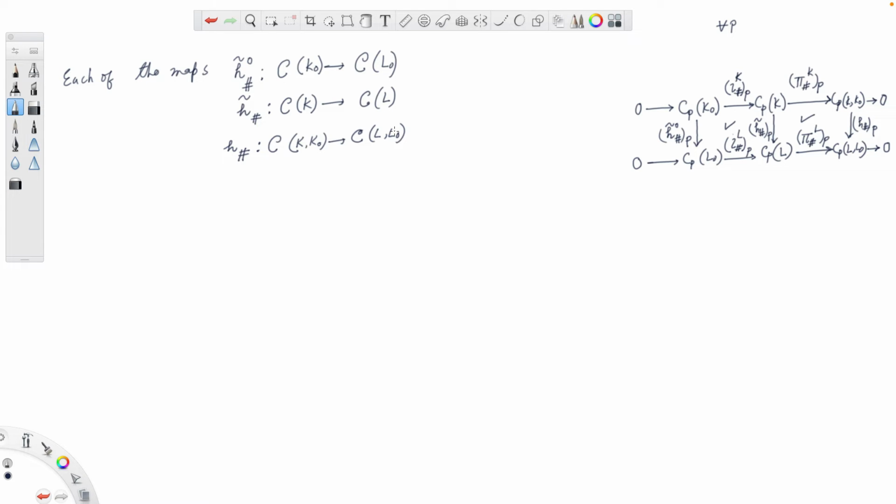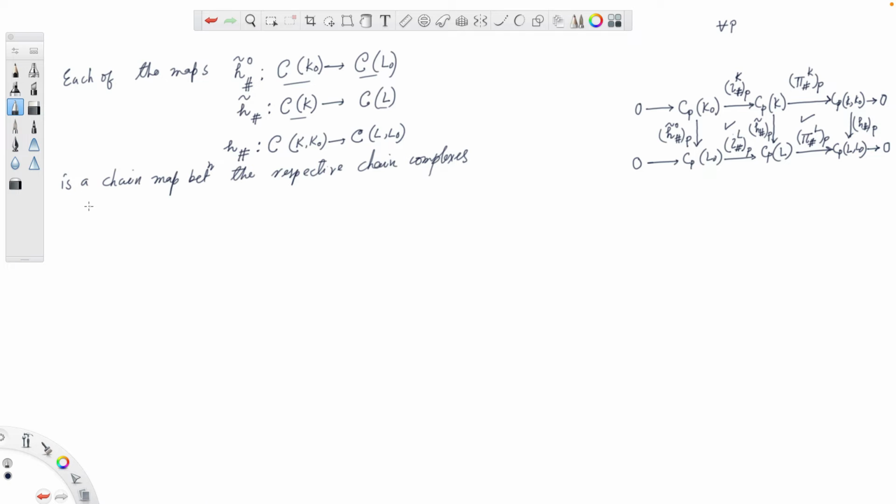Okay, these are three chain maps. Each of these maps is a chain map between the respective chain complexes. These are all chain complexes, and these three maps are chain maps.